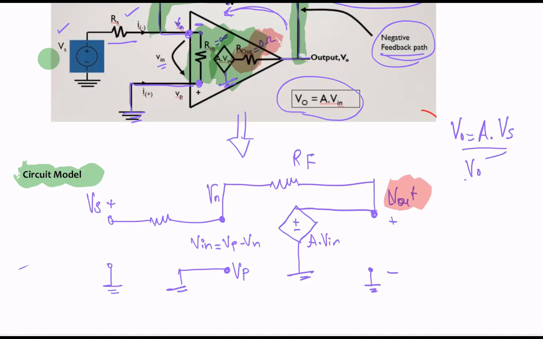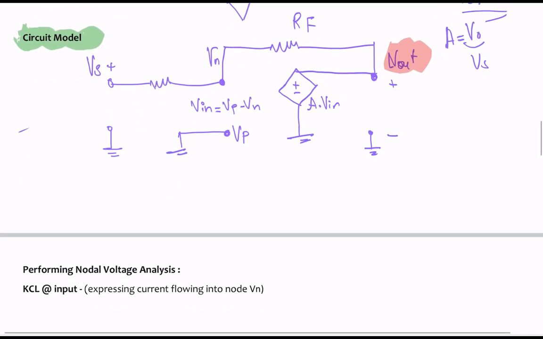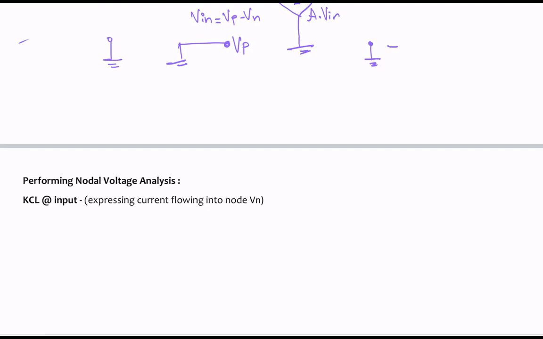And then output voltage over input voltage Vs is what the gain is going to be. So we have essentially taken a very complex device, based on how we have designed it, and now we can present it in terms of a model that can produce unique IV characteristics.